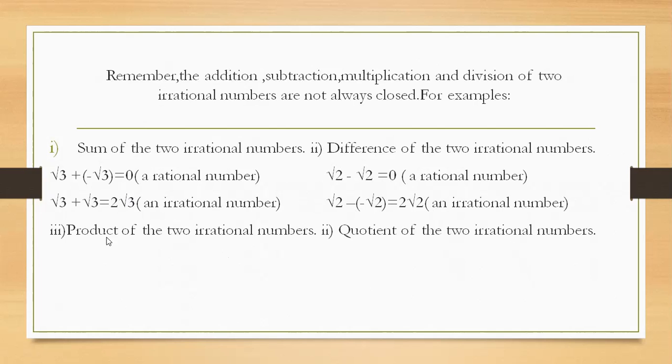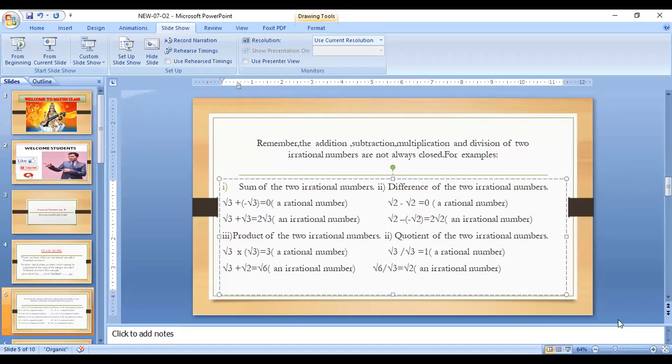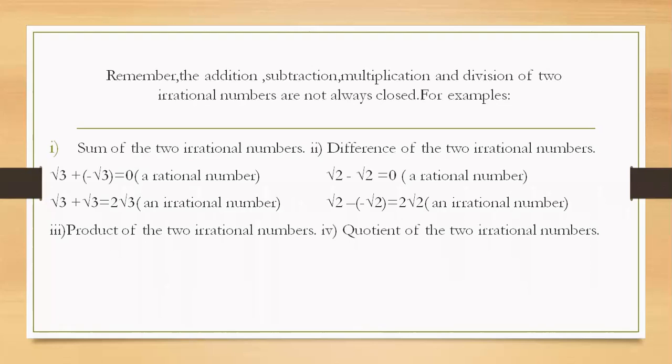Number 3 is the product of two irrational numbers, and number 4 is the quotient, that is division.